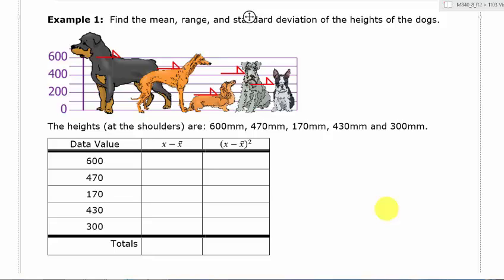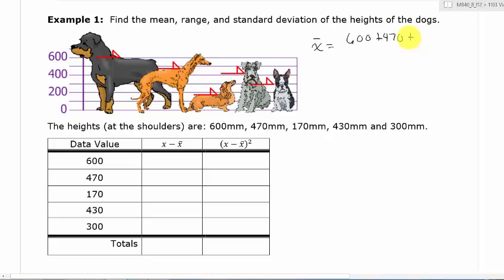The very first thing that we need to do is calculate our mean, x bar, because we need to subtract that from all of our data values. And this table is really useful in calculating a standard deviation. So x bar is 600 plus 470 plus 170 plus 430 plus 300.